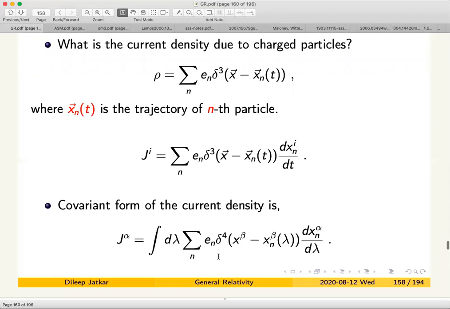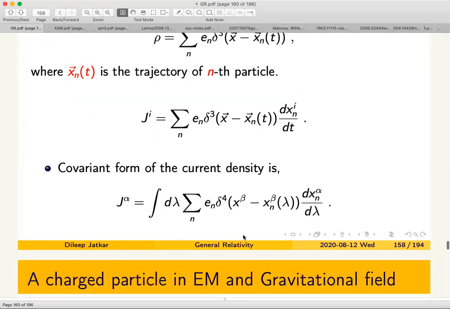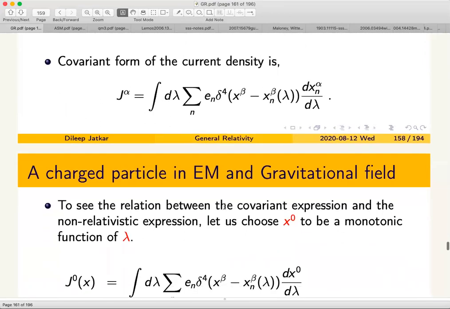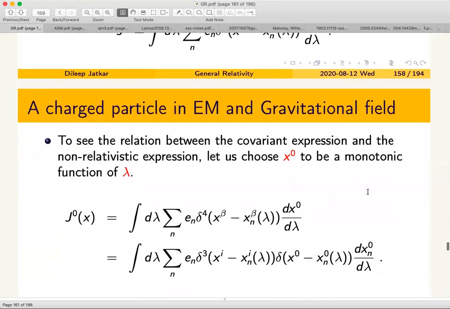In a covariant form, you don't write dx by dt, but you write dx by d lambda, which is a parameter which parameterizes the trajectory, and you write x and time in the covariant form by writing dx alpha by d lambda. Okay, so this is the usual thing that we would have done in special relativity itself.